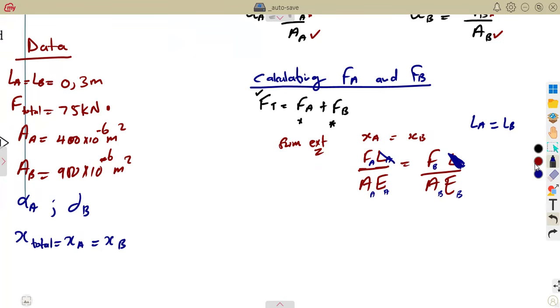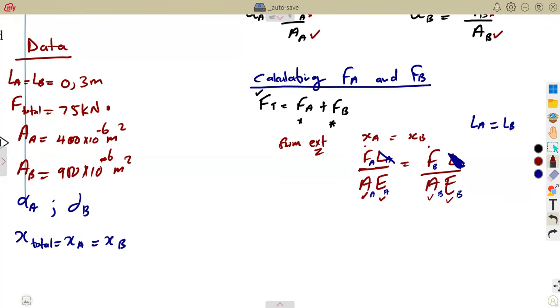So if you check, we have the area at A, E at A, the area at B, E at B. We do not have FA and FB. So what we can do is write either FA in terms of FB or FB in terms of FA, whatever you want.